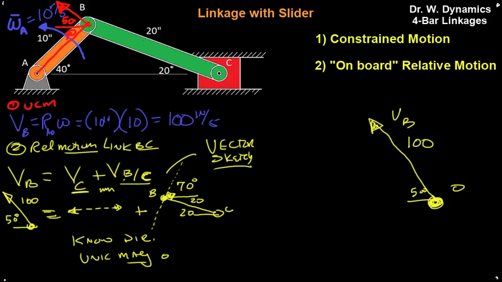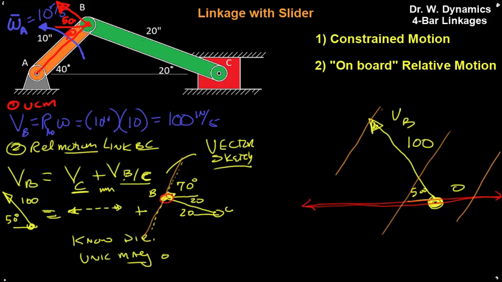So the velocity of C has to be flat. Although I don't know which direction it is, it could be that way or this way. And then added to it is the velocity of B with respect to C, which must act in this direction. So somehow I have to be able to add the velocity of C to the velocity of B with respect to C to get back to here. If we can see, there's only one way that that will happen.